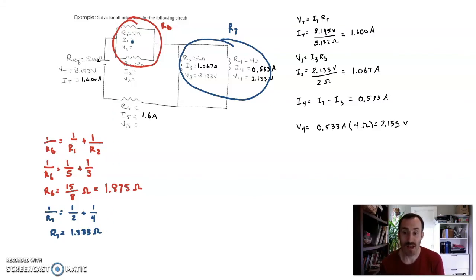Okay, so now I have this component over here. I've just exchanged it for 1 resistor. This part over here I've exchanged for 1 resistor. And so now to figure out R5, I can take REQ and I can subtract R6 and R7.